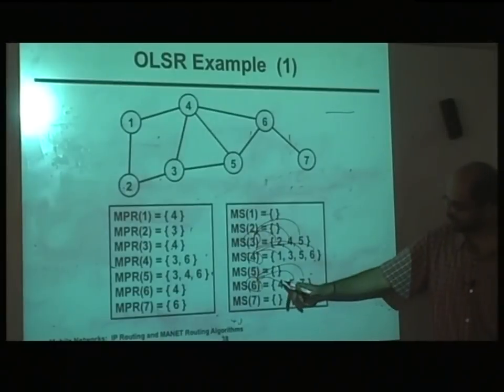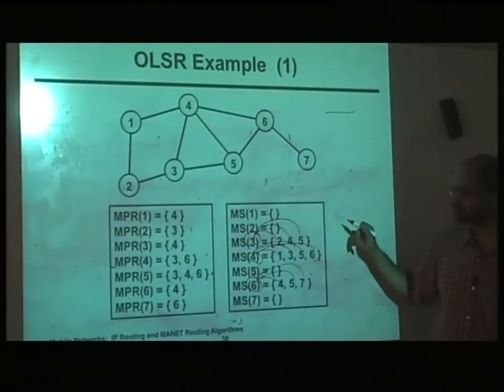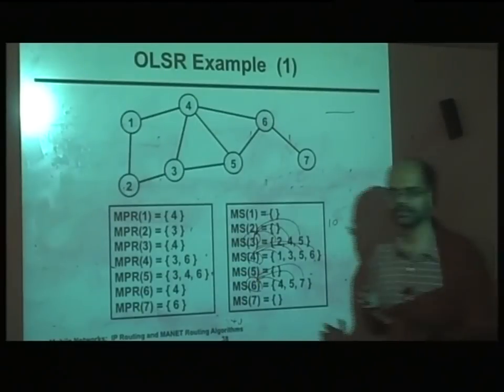You see how many links are there? 1, 2, 3, 4, 5, 6, 7, 8, 9, 10. There are a total of 10 links. If you just draw these 10 links and corresponding nodes, how does it look?